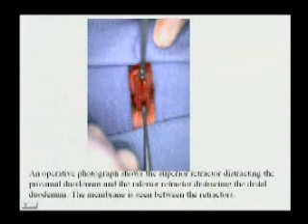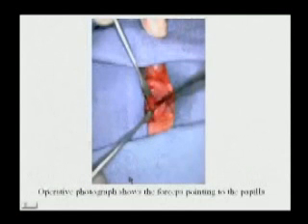duodenum, this little tube here, and the inferior retractor distracting the distal duodenum. The membrane is seen between the retractors. So this membrane here is completely sealing off these two levels of the duodenum.